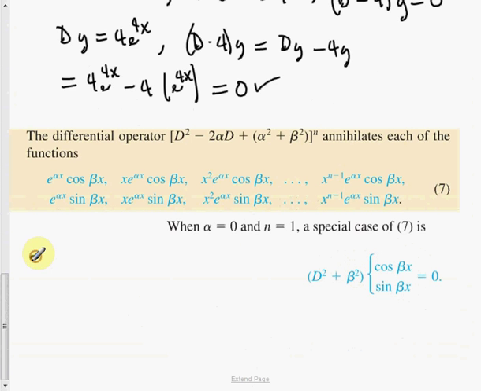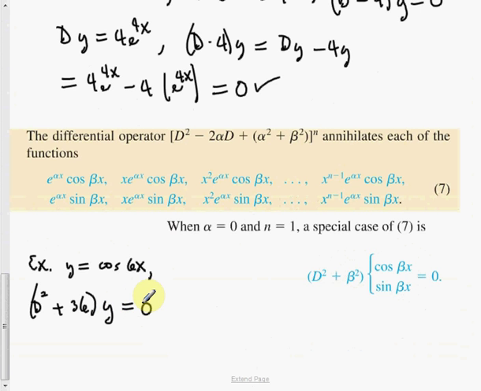Let me give you an example of that one. Let's say y is equal to cosine 6x. What this is saying is that to get rid of the cosine 6x, d squared plus 36 applied to y is supposed to give us 0.